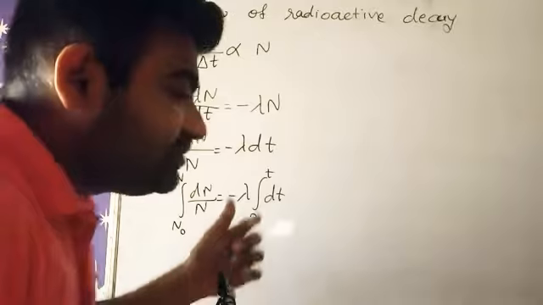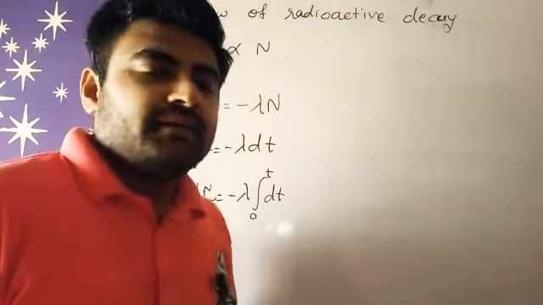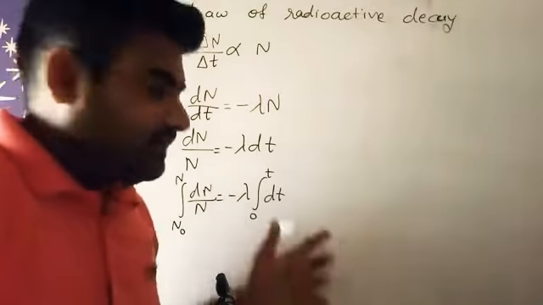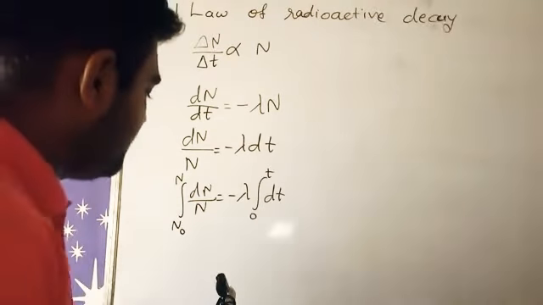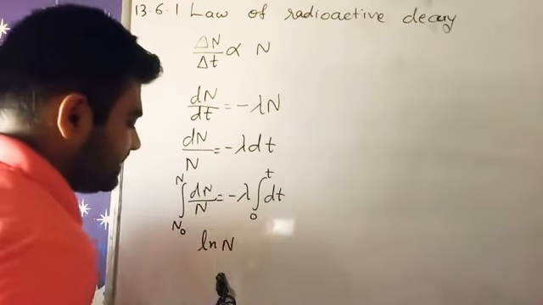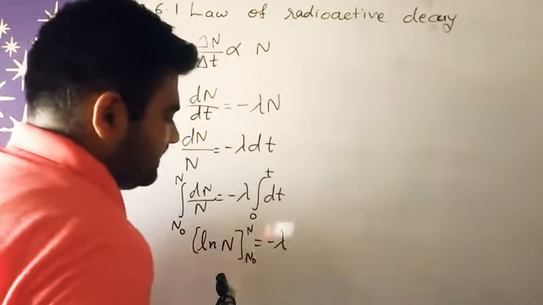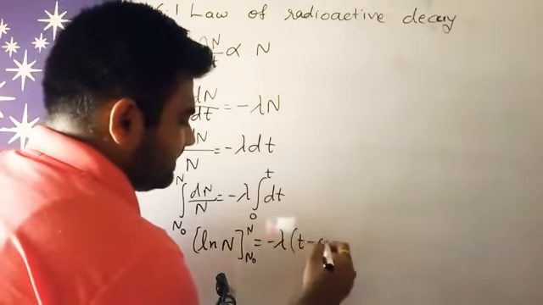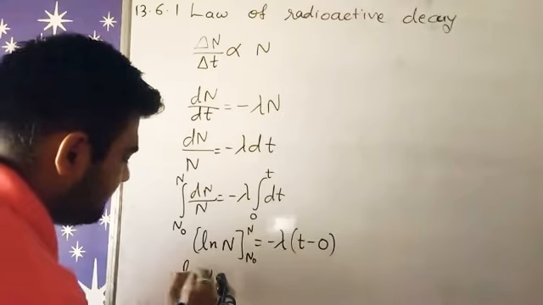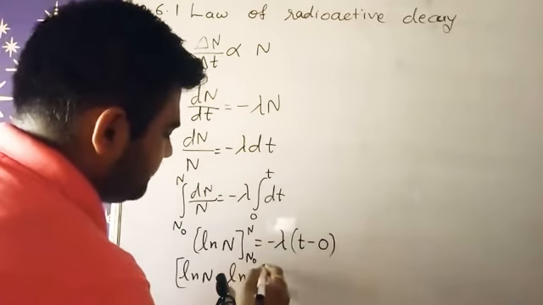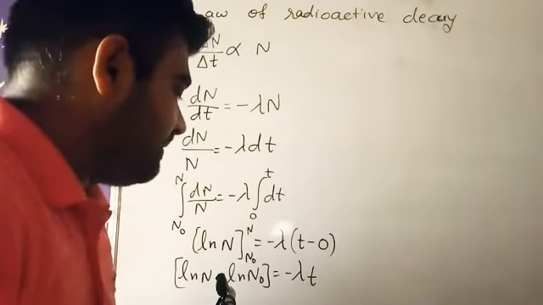It is our initial number of nuclei before any decay, and N is the number of nuclei remaining after time t inside the nucleus, right? Now the integration of dN by N will be ln N, with upper limit N and lower limit N0, equal to minus lambda times t minus 0. Upper limit minus lower limit, so ln N minus ln N0 is equal to minus lambda t, right?